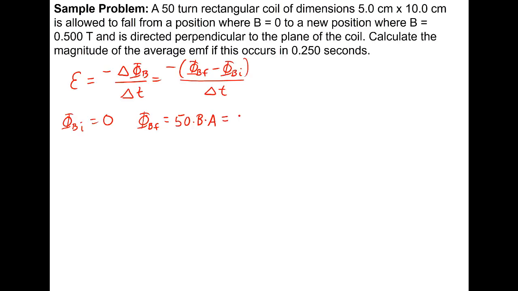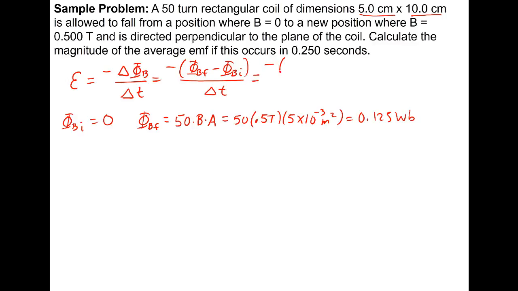So that's going to be 50 times 0.5 Tesla. And then we have 5 times 10 to the negative 3 meters squared for the area, 5 times 10 converted to meters. And that's going to give us 0.125 Webers.